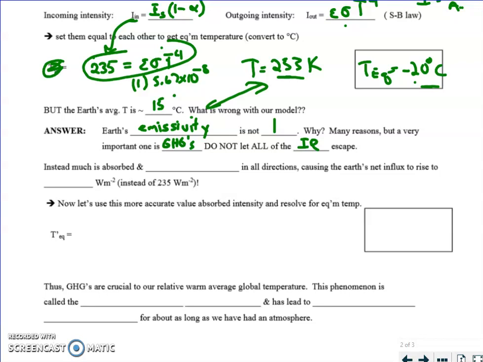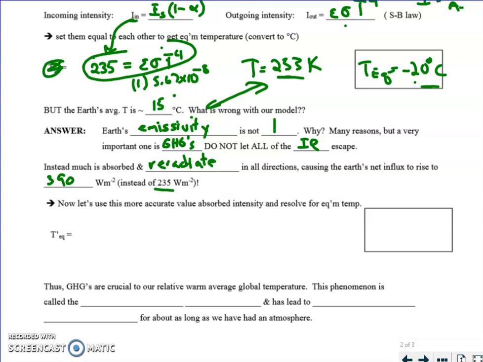The molecules jiggle faster, and what they'll eventually do is re-radiate it in all directions. Some of it up, some of it sideways, but importantly, some back towards the Earth and the lower atmosphere, and it causes the net influx to rise, and I'm not going to go into the details of this, to 390 watts per square meter instead of the 235.